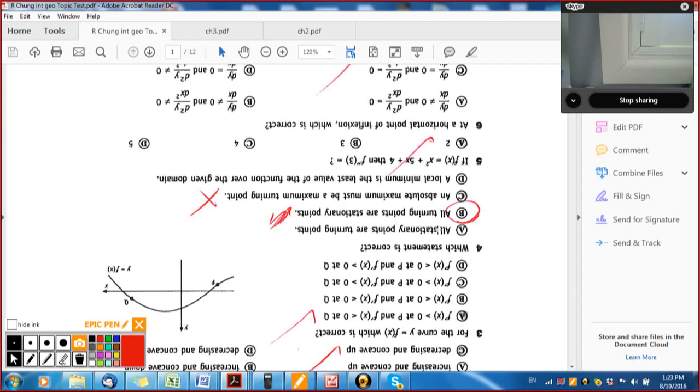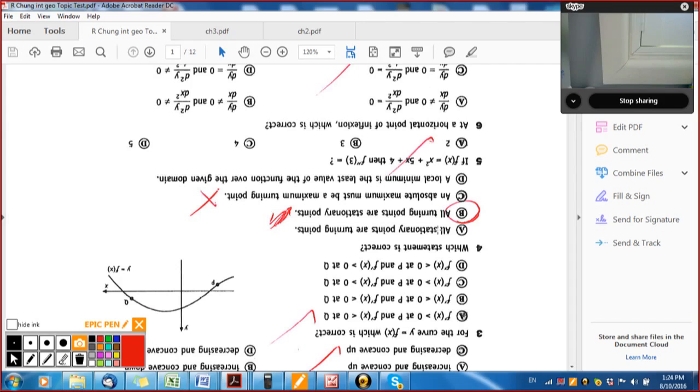Yes, and another one that starts with M. Maximum. All right. So what are the three types of turning points? There's only three. Maximum, minimum, and inflection. What type of inflection? Horizontal.